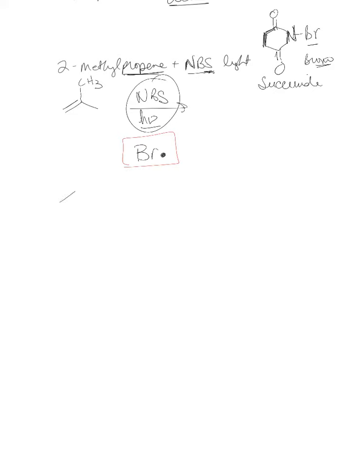Now what happens is it's going to pick up a proton. Not necessarily a proton, it's a hydrogen radical. So it's going to take off a hydrogen. Essentially, it's a free hydrogen because it's going to have its 1 electron there.